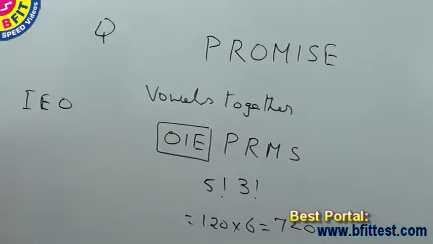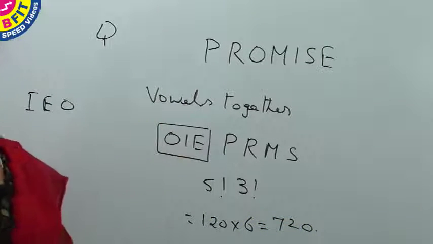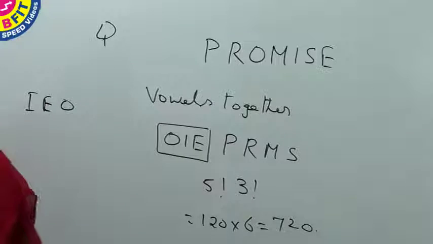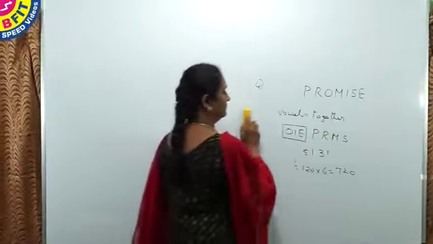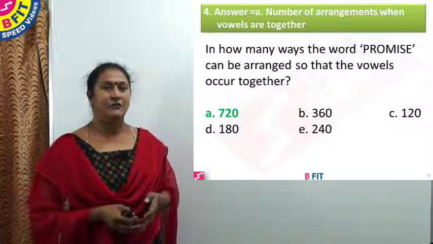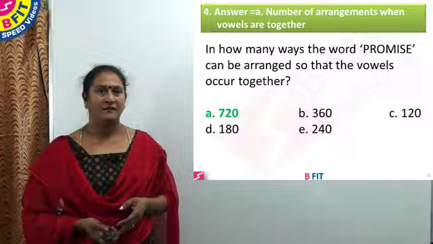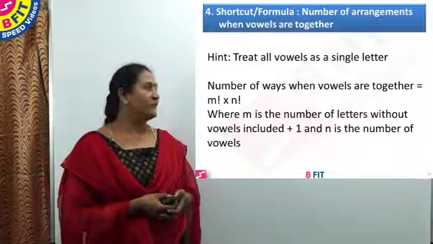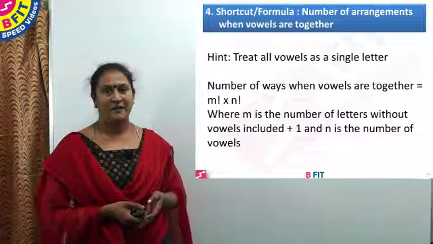So you can have 720 arrangements of this word where vowels are kept together. And the answer for question number 4 is option A, 720. Here the vowels are treated as a single letter and the arrangements are made as follows.